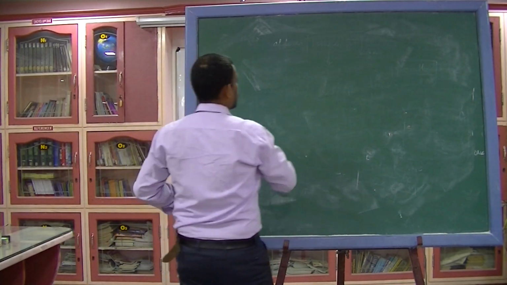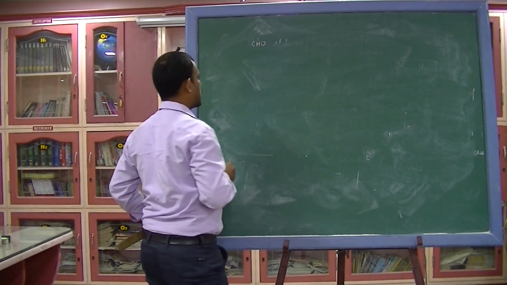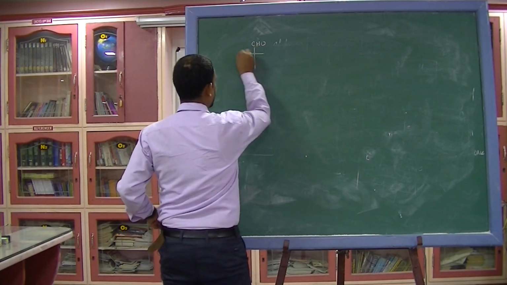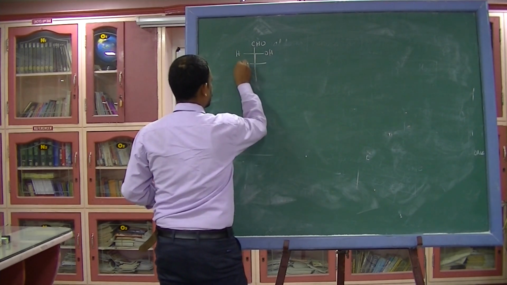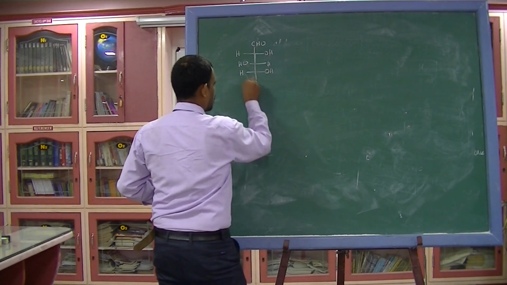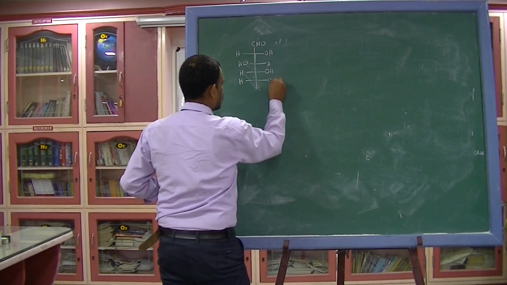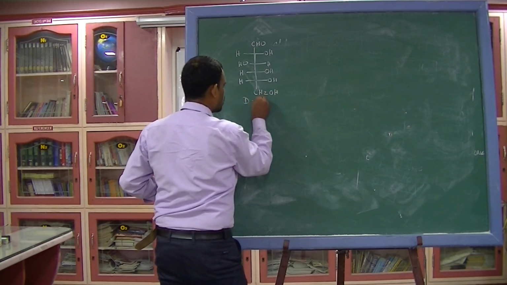Next, we are going to discuss glucose reacting with phosphorus and HI. For example, this is your D-glucose.